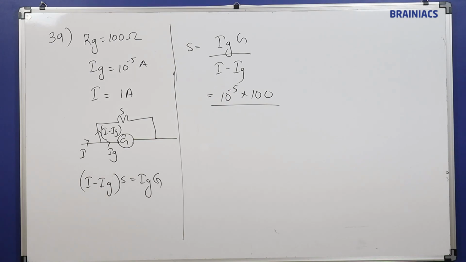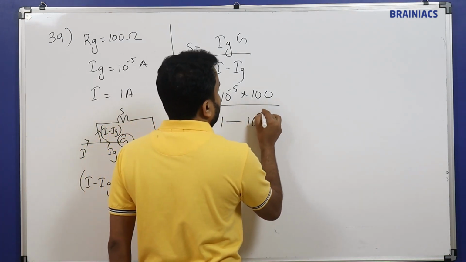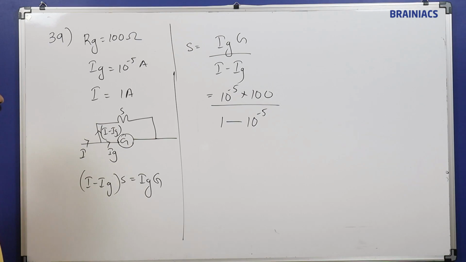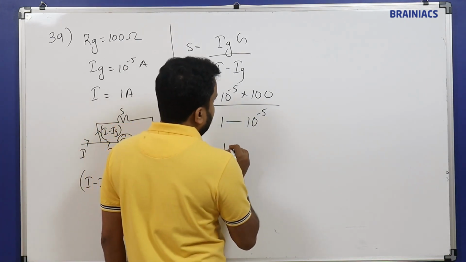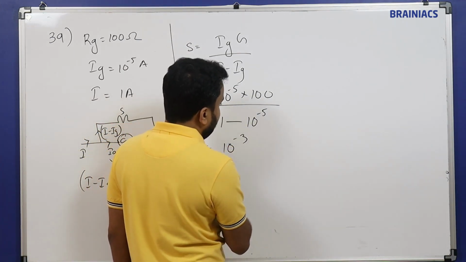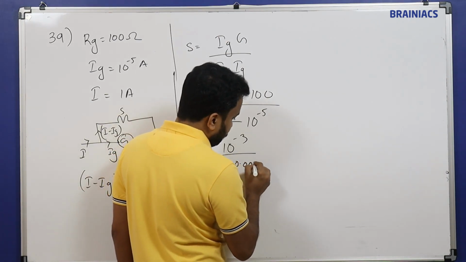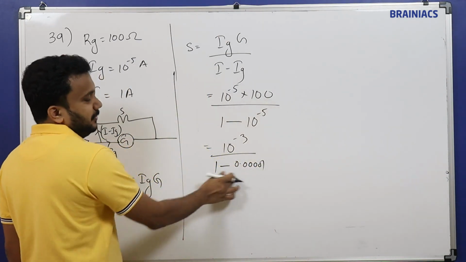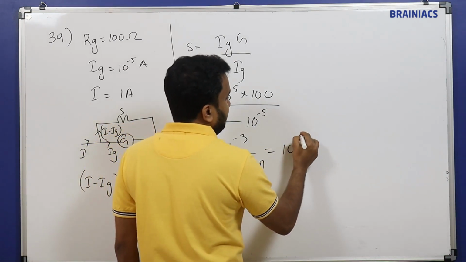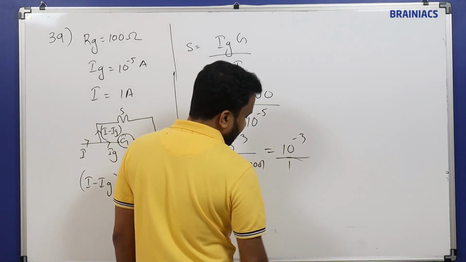So the main current 1 ampere, from which we subtract 10 power minus 5. 1 minus 10 power minus 5 is negligibly 0.00001, so it is negligible. So this can be written as 10 power minus 3 divided by almost 1 itself.